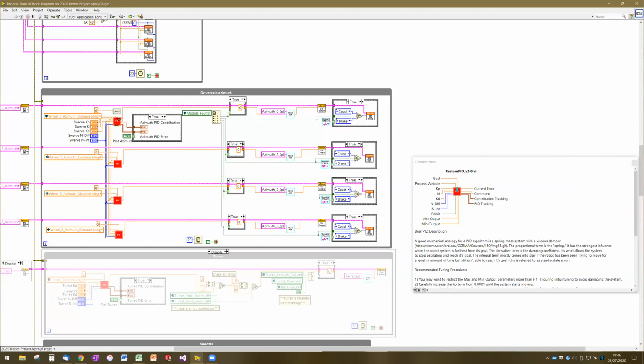The goal for the PID loop is always 0, so we're always trying to get to a 0 degree angular distance. All we're doing is changing the process variable, which is how large that angular distance is, and we're always trying to drive it down to 0. So our goal for the PID controller stays at a constant 0.